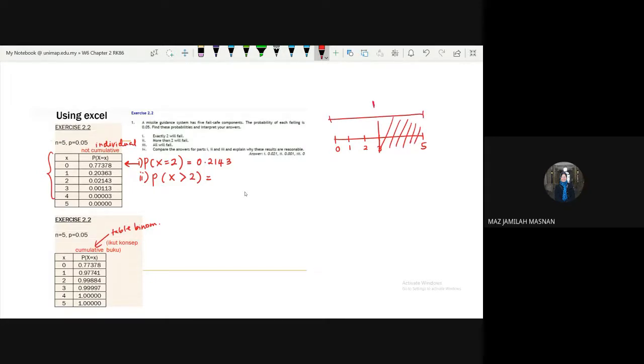So in order to find this shaded area, this will be 1 minus P(x less than or equal to 2). In this case, less than or equal to 2 means that we are going to take 0, 1, 2.